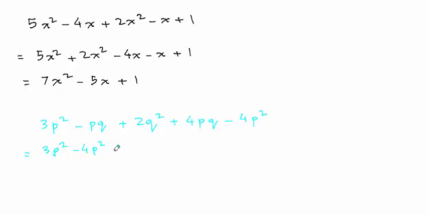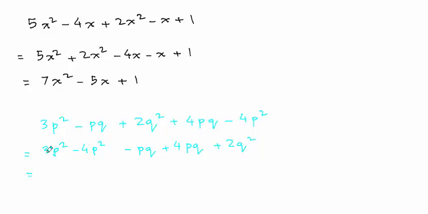And then we have a minus pq, so we have a minus pq and another plus 4pq. These two are like terms, pq and pq. And then finally we have a 2q squared, and I guess that's it. 5 terms.